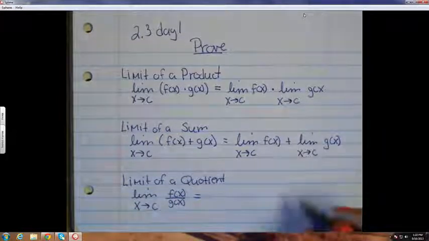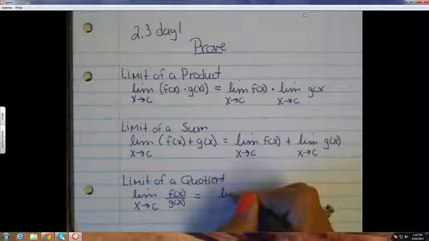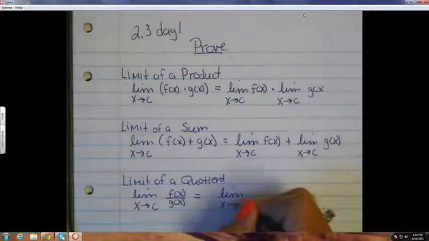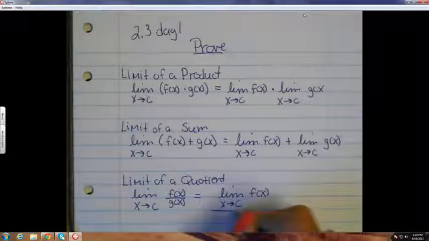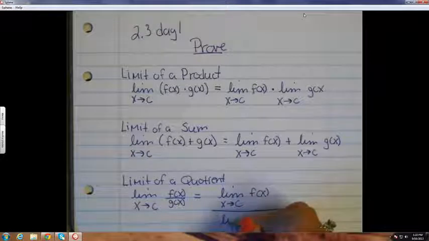That can be broken up into the limit of the numerator divided by the limit of the denominator.